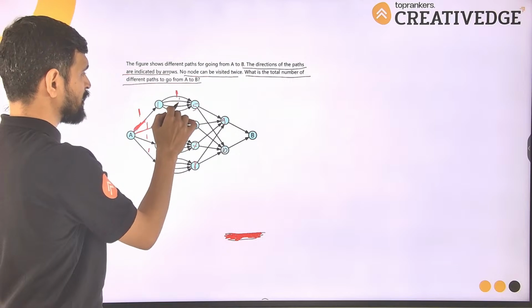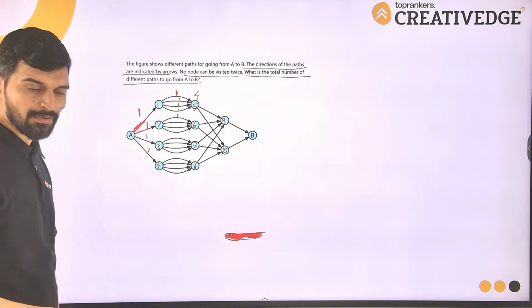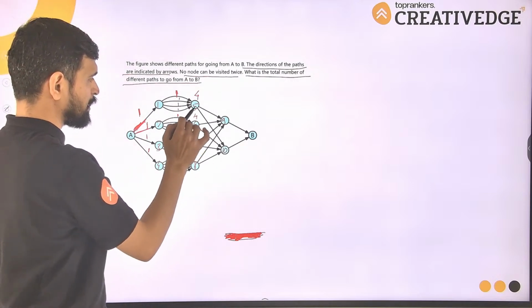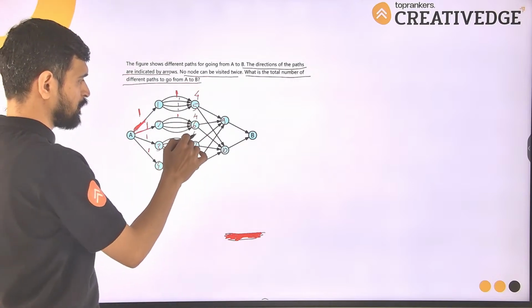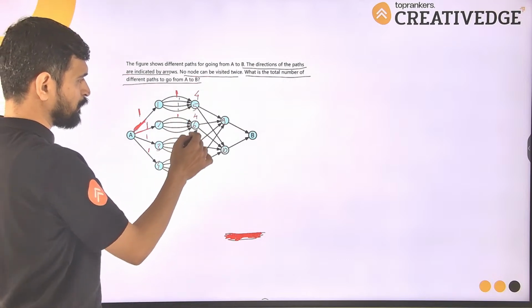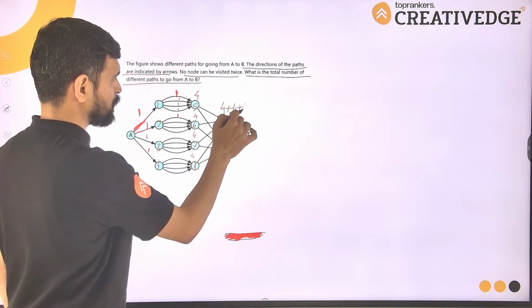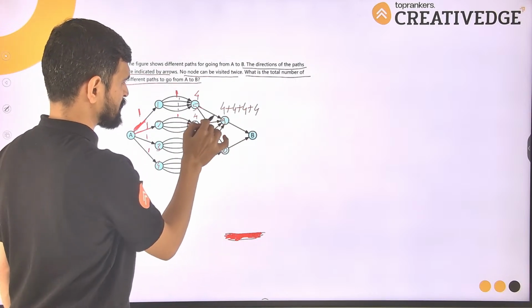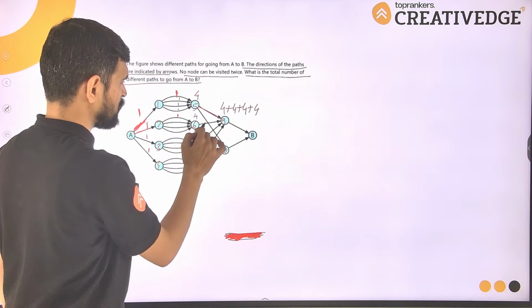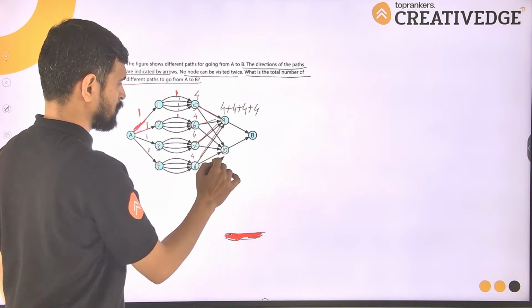But each one has a different route. So overall there are 4 different values that will come to 5. Similarly 4 different to 6, 4 different to 7, 4 different to 8. At 9, I have 4 plus 4 plus 4 plus 4, because this arrow is bringing a weight of 4, this arrow is also bringing a weight of 4, this one also, this one also.